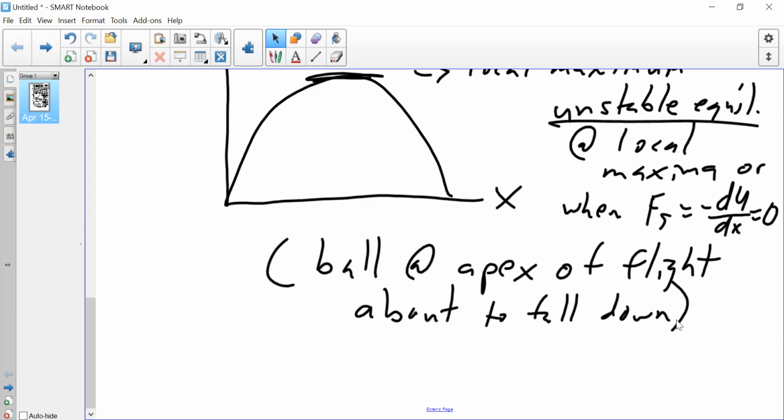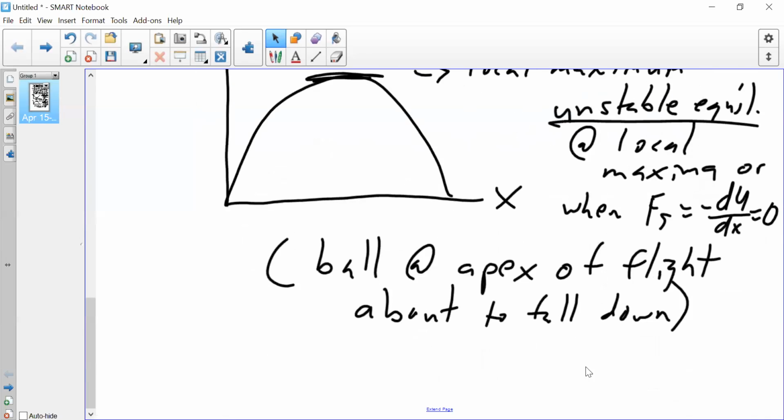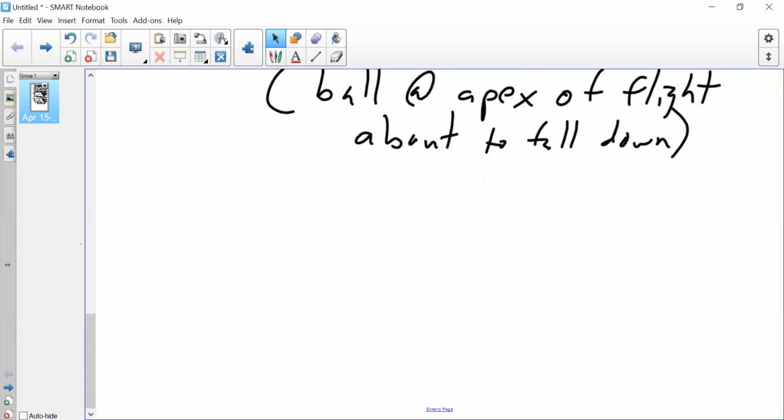And neutral equilibrium is when the potential energy function is a constant. Still, when there's no local minima or maxima, potential energy functions are constant. The derivative is still 0. So we're looking at the graph in 3 different ways to determine where the stable, unstable, or neutral equilibrium exists.